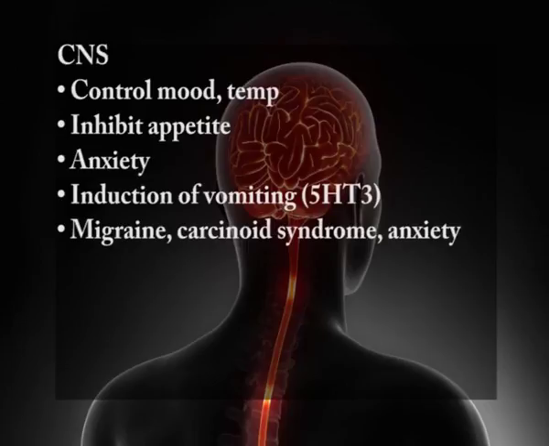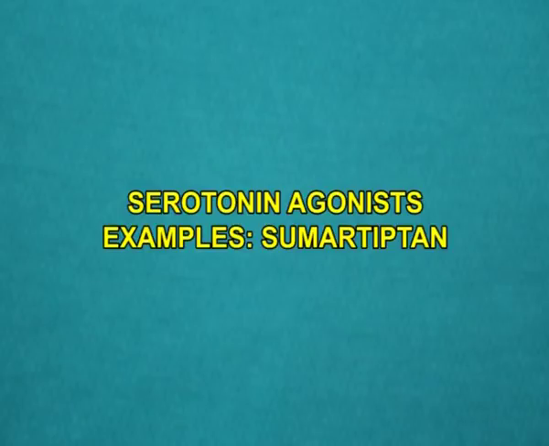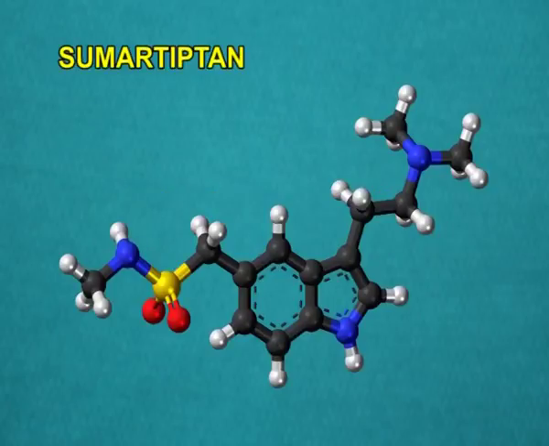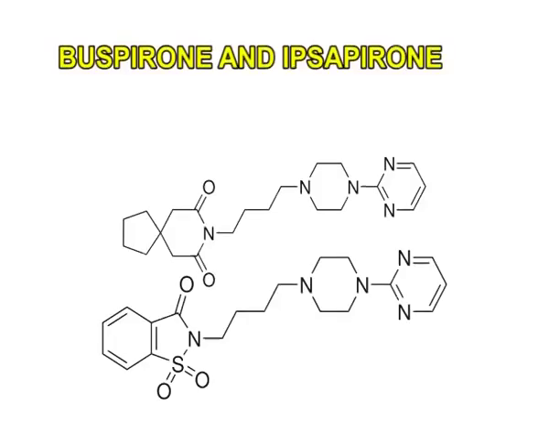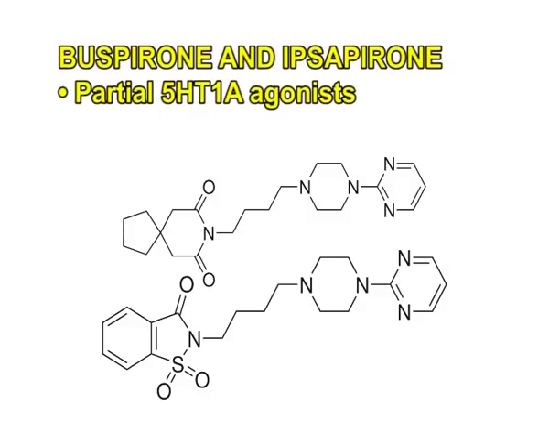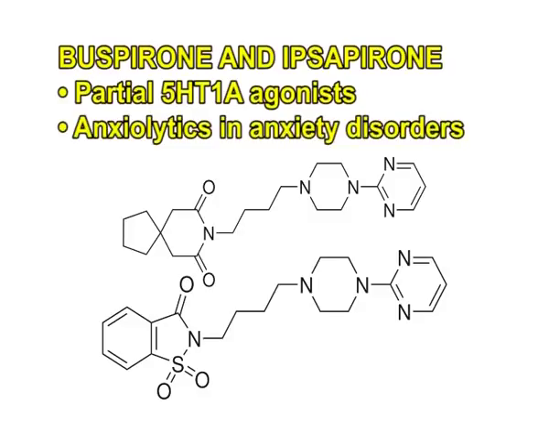and anxiety. Serotonin agonists and antagonists, basically these are the main examples. Sumatriptan has no CNS effect and treats migraine attacks. Buspirone and ipsapirone are partial 5-HT1A agonists, anxiolytics in anxiety disorders.